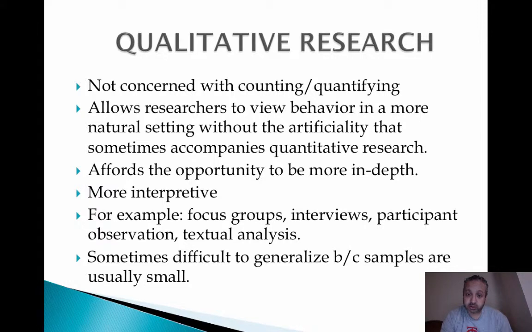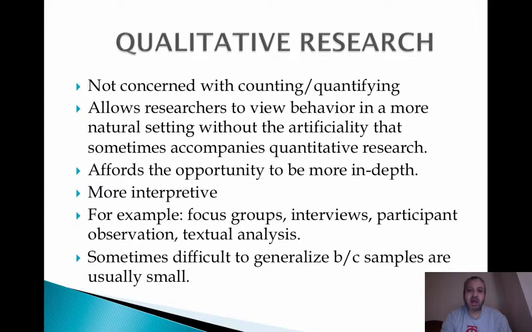That doesn't mean it's worse or of less value. It just has a different kind of perspective. From the qualitative researcher's perspective, we just can't reduce everything to numbers. Things in life are just more complicated than that. So we have to study things deeply.